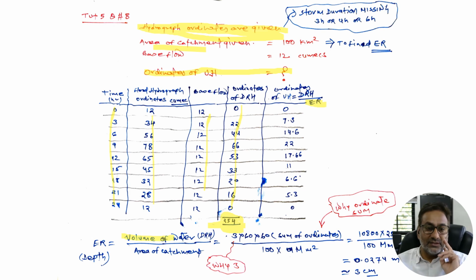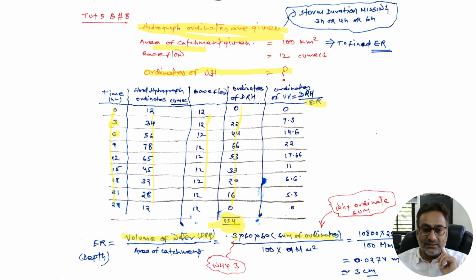So the volume of water in this DRH: the time gap here is 3 hours, 3 hours converted into seconds, and the sum of all the ordinates, that is 254, gives us the total volume.